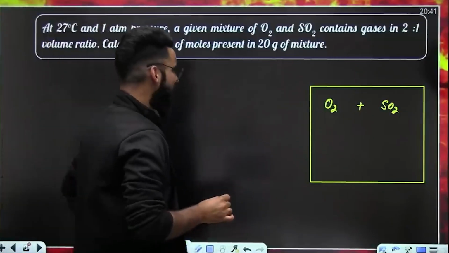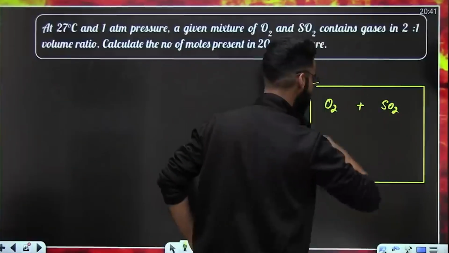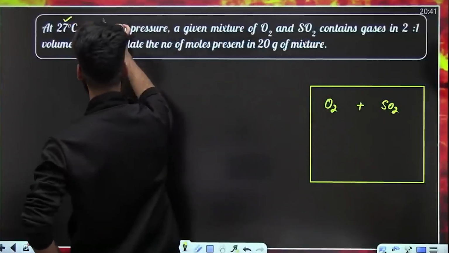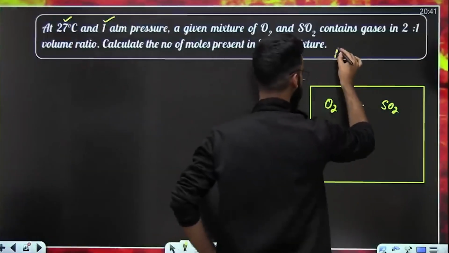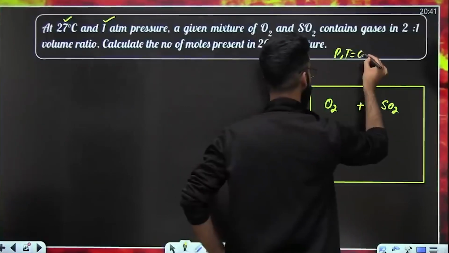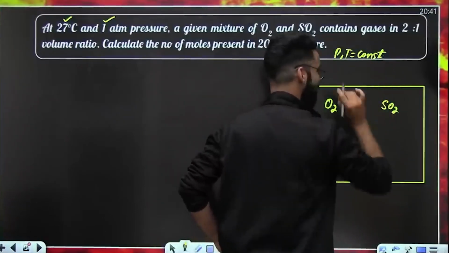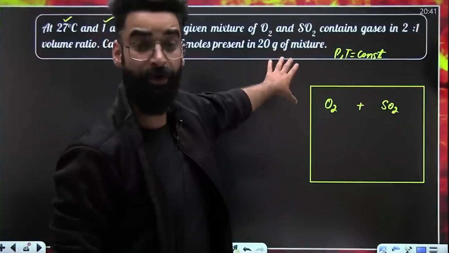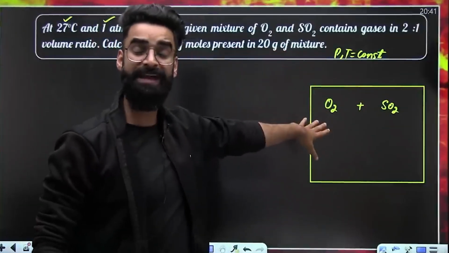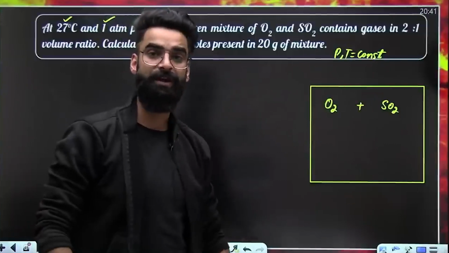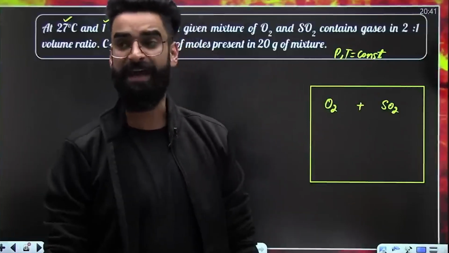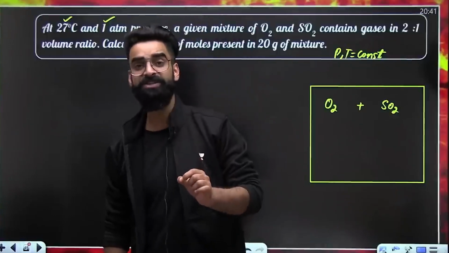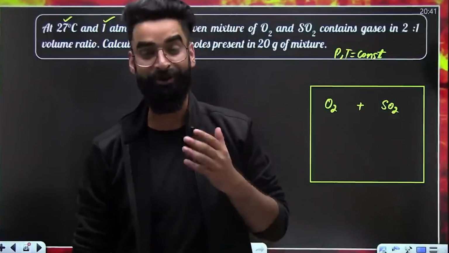Right? Well, can I say I've got a mixture of gas in the container? Absolutely. And this mixture of gas is kept at constant pressure and temperature. So one thing that is striking my mind right now is that since the mixture of gas is kept at constant pressure and temperature, if you need to calculate its average molar mass, how do you do that?